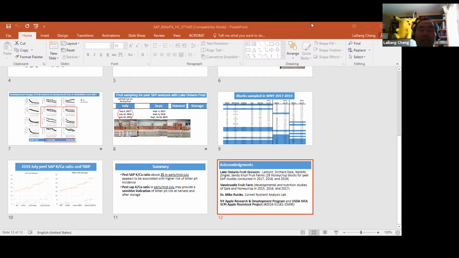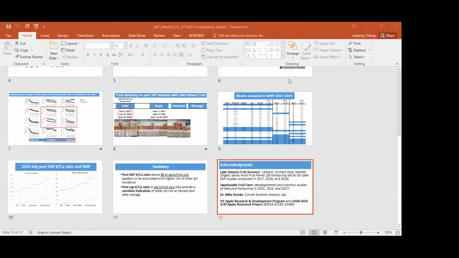Its capacity for taking up calcium is not that great, and it's a more vigorous rootstock. So I think it's not as good as M9 in terms of bitter pit susceptibility. M9 does a better job than M26, and definitely it's not as good as B9.